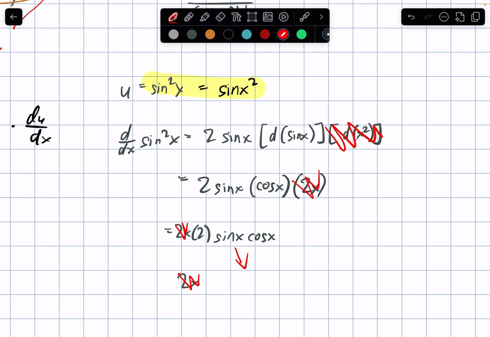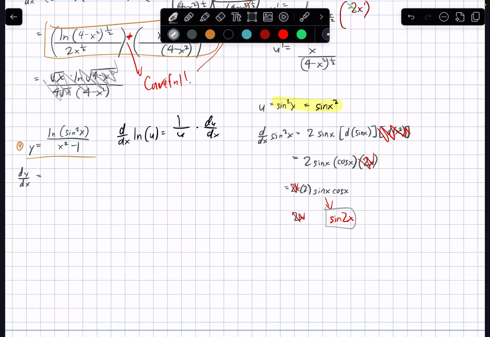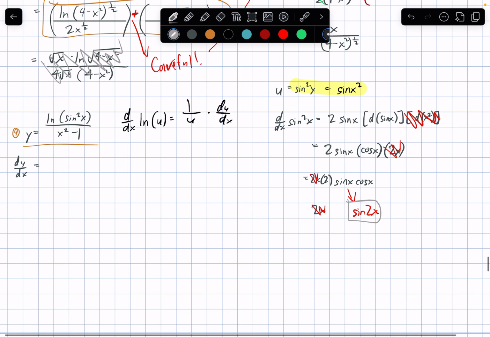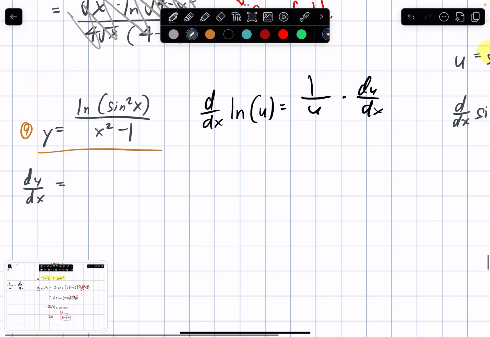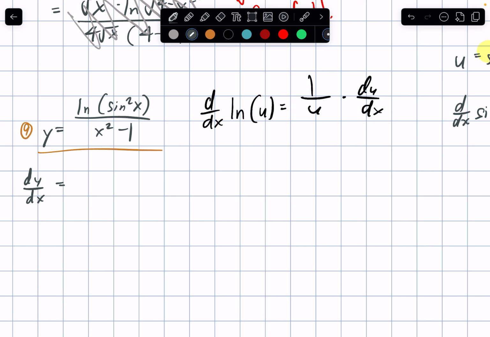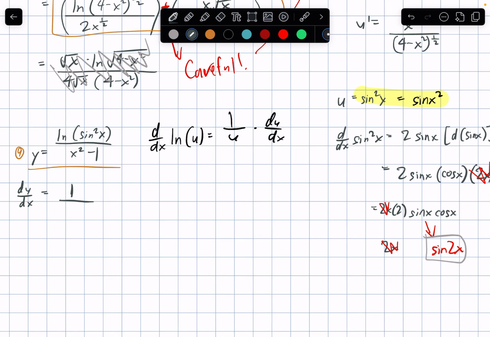So from there, it's an identity. It's going to be sine 2x. This is our u prime. Just in that process, it's already becoming difficult. I'll need to freshen up on this. Okay, 1 over u. u is sine raised to 2x.